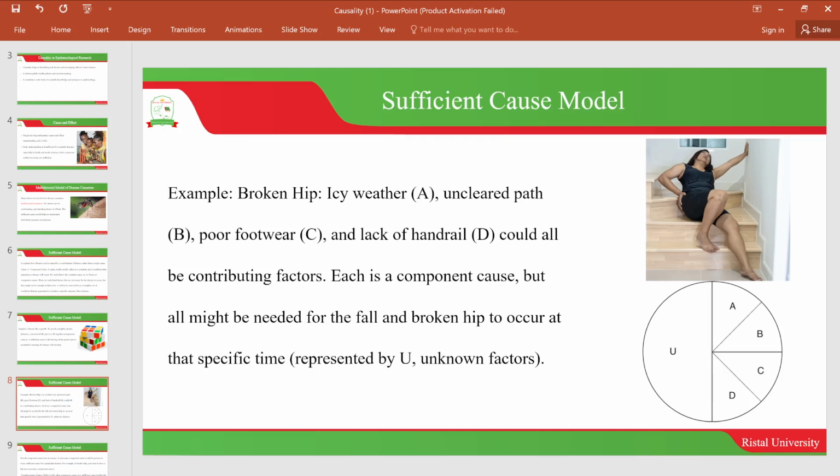Here we are talking about rails, what the person is wearing on their footwear, the weather, and the slippery floor. What if the person was actually hypoglycemic? Because they are falling on the steps, you think they slipped, but the fall could have been initiated because they are hypoglycemic. So it is also very important to note that sometimes we don't know some of the factors.